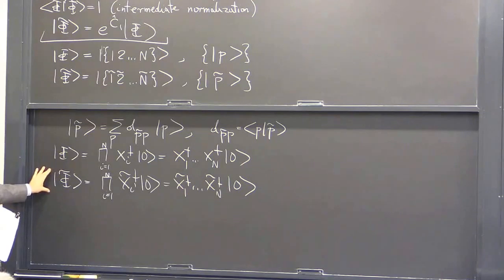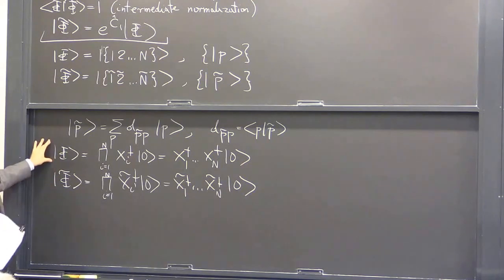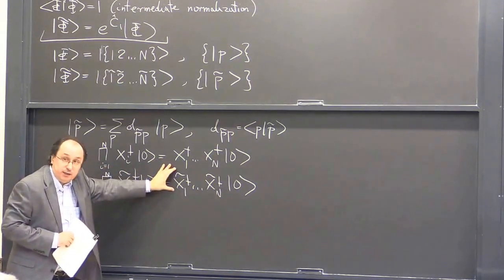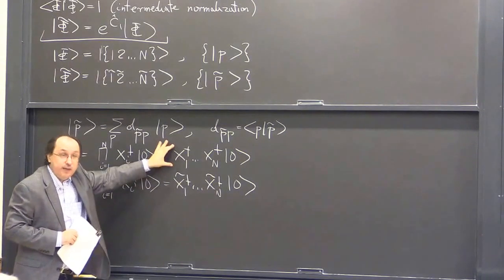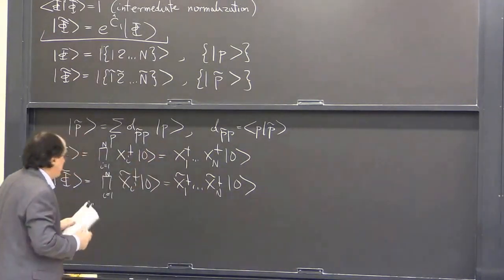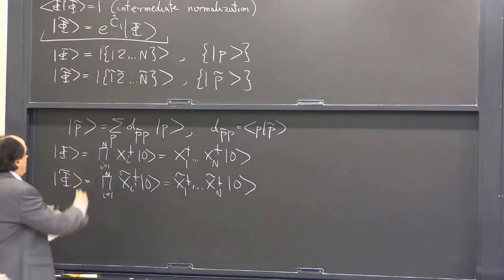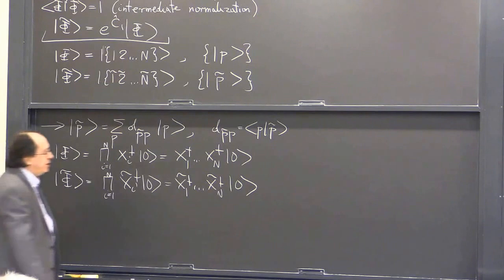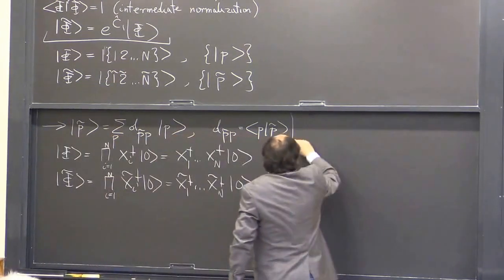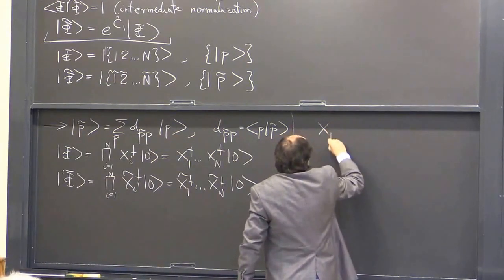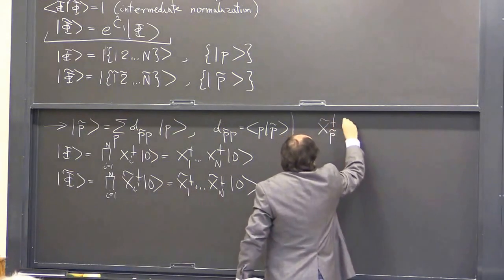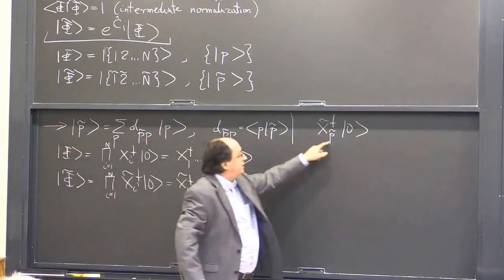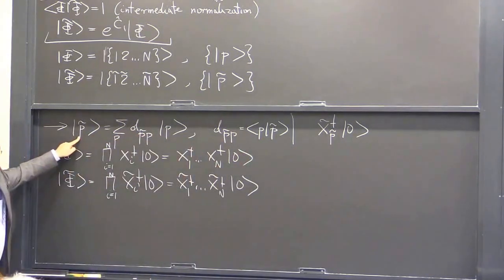And in order to establish the relationship between phi tilde and phi, that's what Thouless theorem is all about, you have to find the relationship between the tilde creation operators and the untilted ones in our initial considerations. So let's do this. I just have to go back to this expression. If you look at this expression, I can write it as x p tilde dagger acting on the vacuum, because when you apply the creation operator p tilde to the vacuum, you end up with this single particle state p tilde.